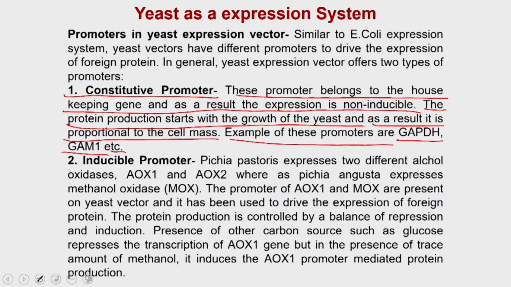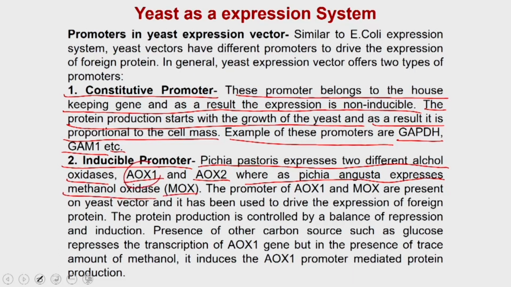Now, the second class is the inducible promoters. Inducible promoters are promoters where you can use some class of inducers to produce the protein in large quantities. Examples are Pichia pastoris, which expresses two alcohol oxidases, OX1 and OX2, whereas Pichia angusta expresses methanol oxidase, MOX.